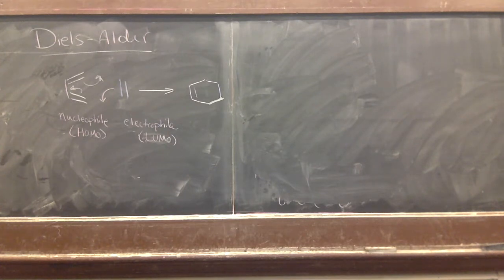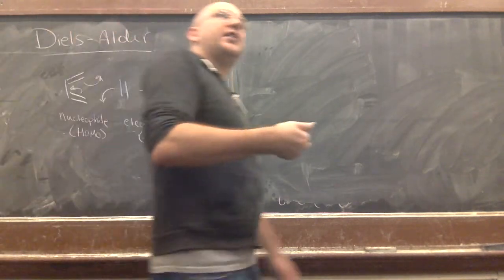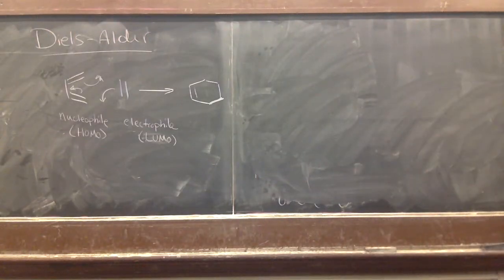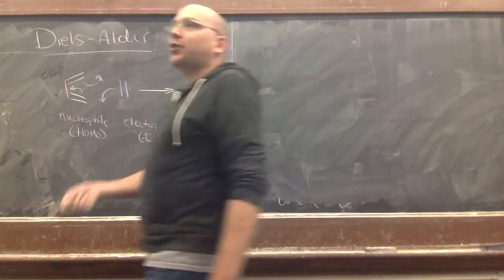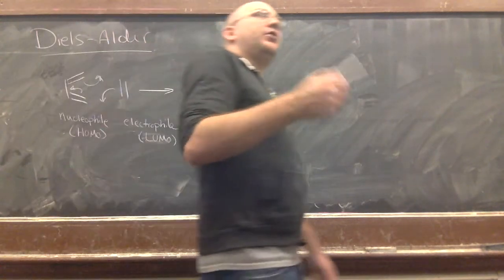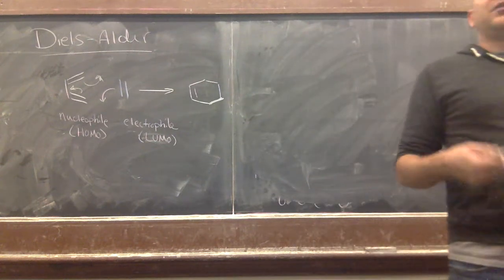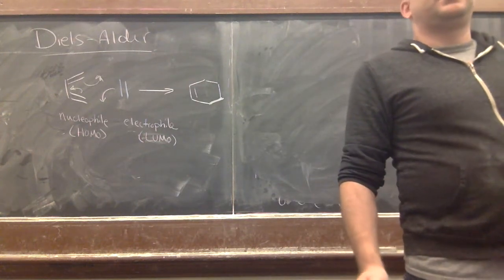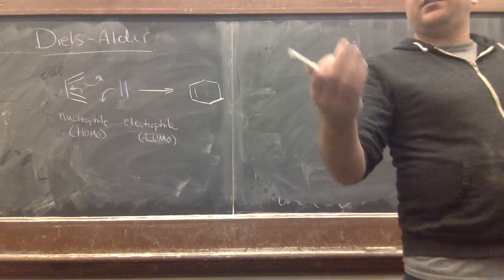But it turns out that usually when people do Diels-Alder chemistry, they have substitution on this. And that substitution can certainly change the electronics of this system, right? So let's think back to reactions of benzene. When we put donor groups onto benzene, what was the effect? It made it a better nucleophile, right?